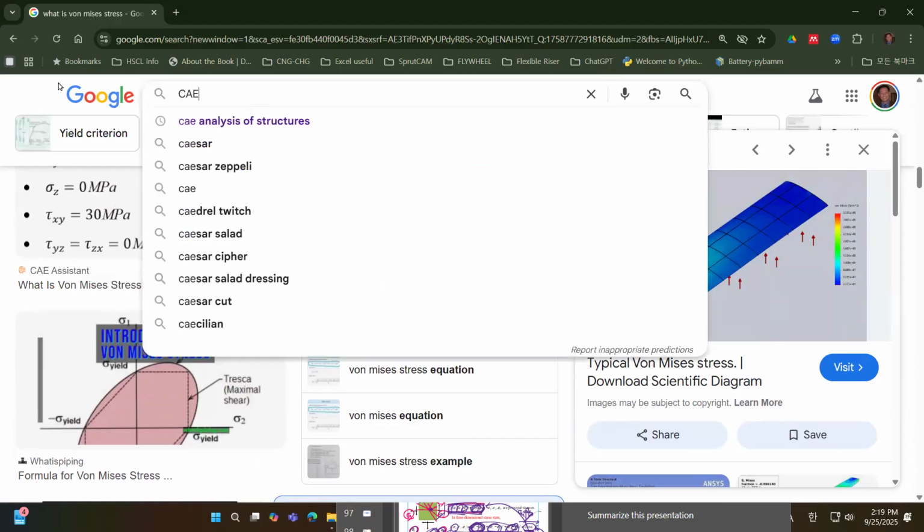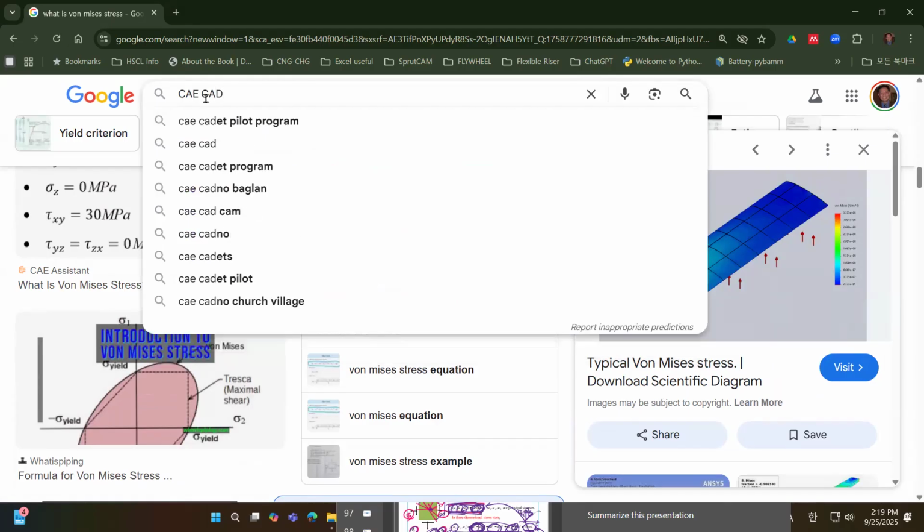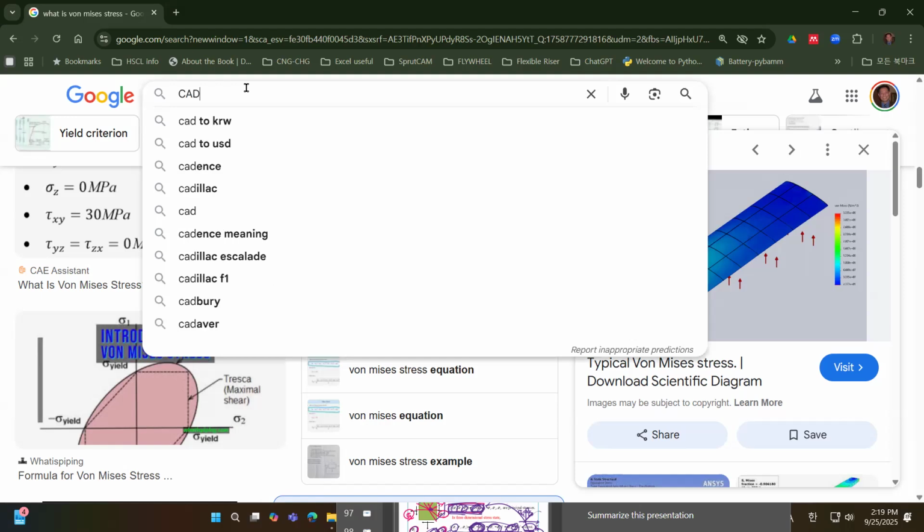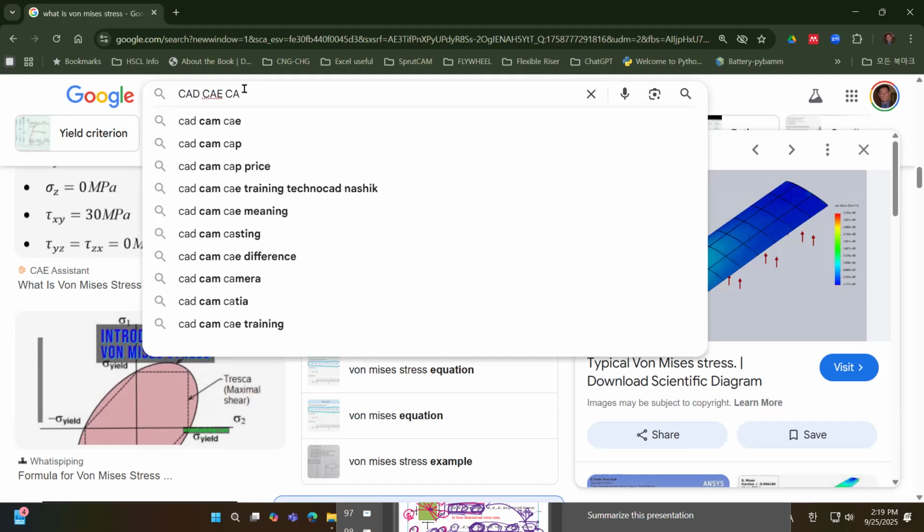CAE, computer-aided engineering. So CAE or CAD, we know computer-aided design, computer-aided engineering, and then what else? Computer-aided manufacturing. Those are three important tools, and this methodology is very unique in mechanical engineering.